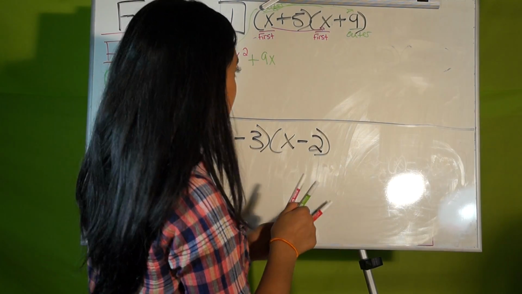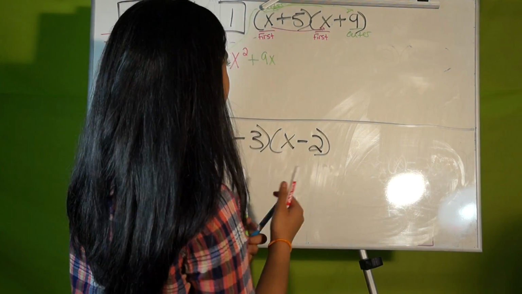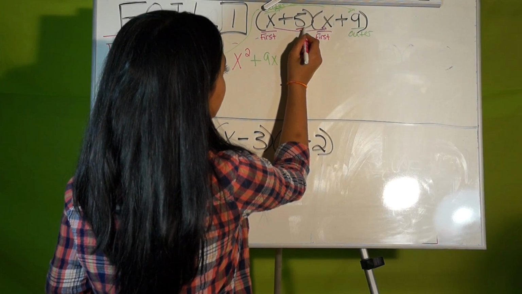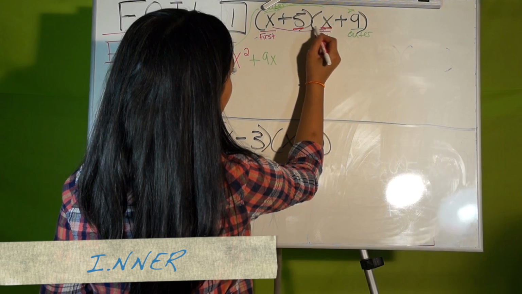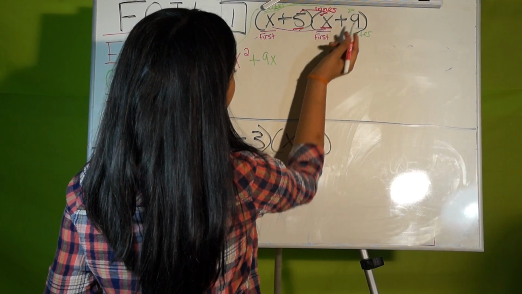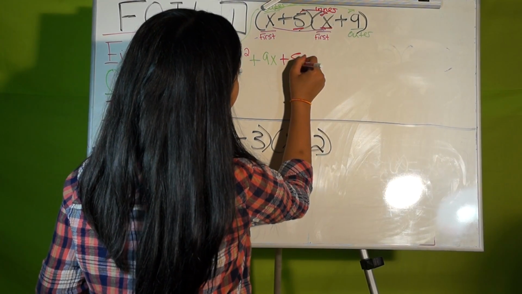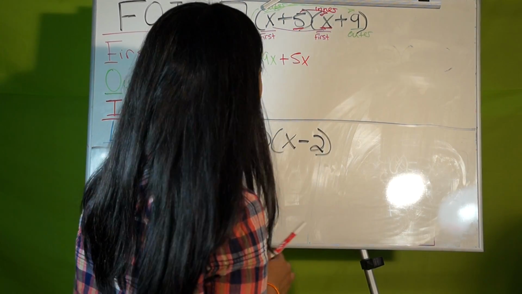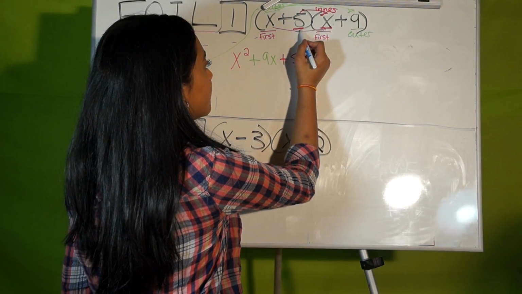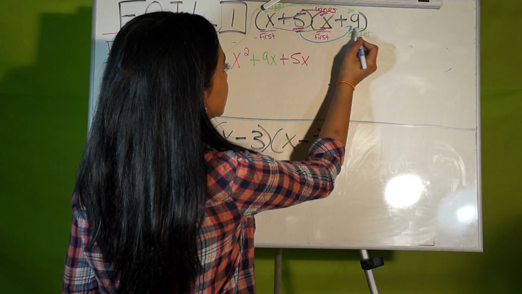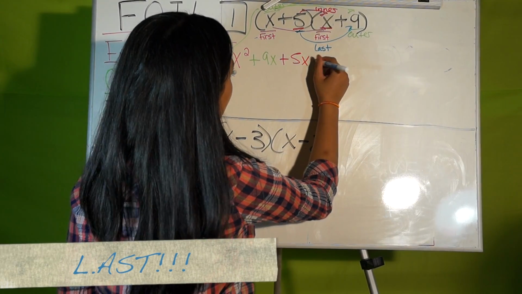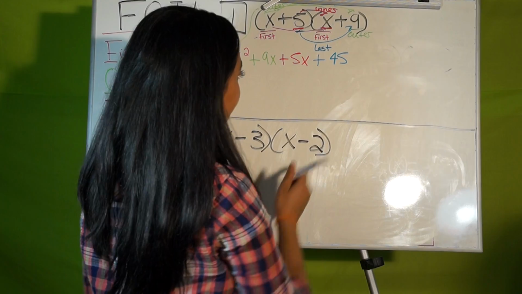After that, we have our inner, which means we multiply this times this x over here, so that's positive 5x. And then we have our last, which means we multiply this 5 times this 9, which is positive 45.